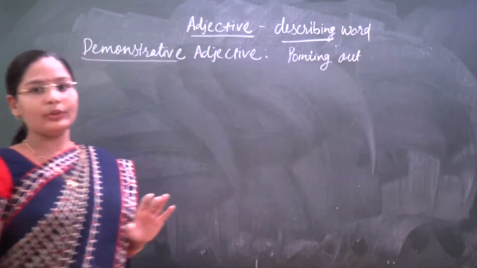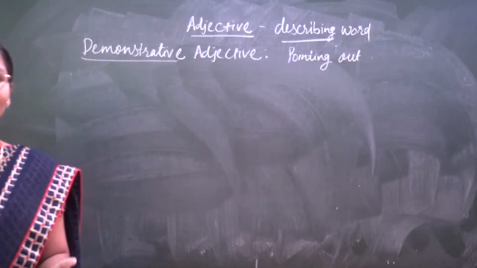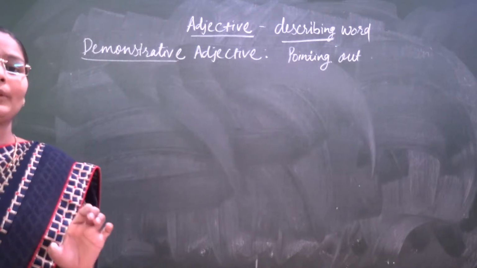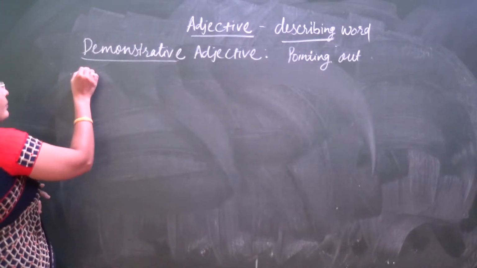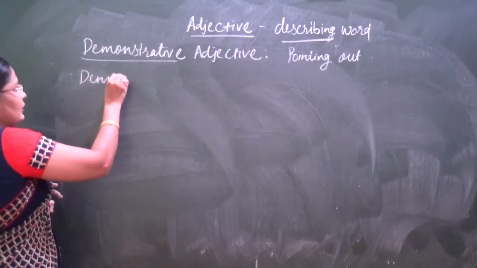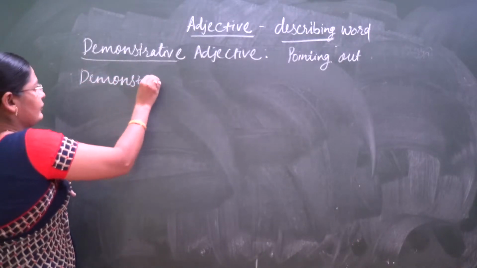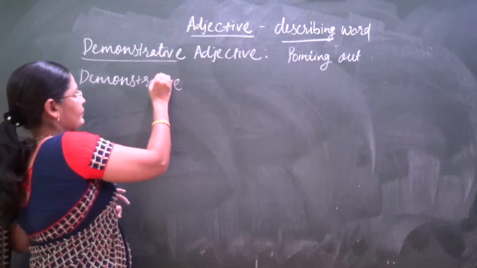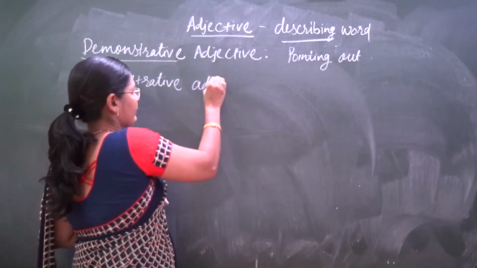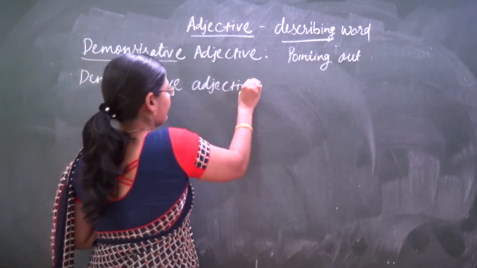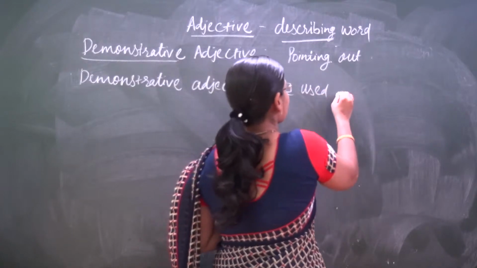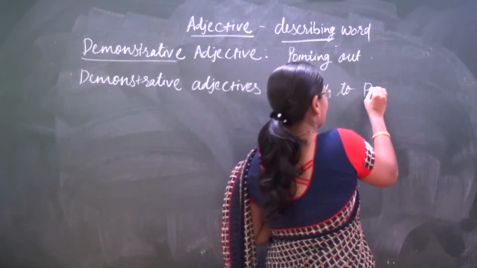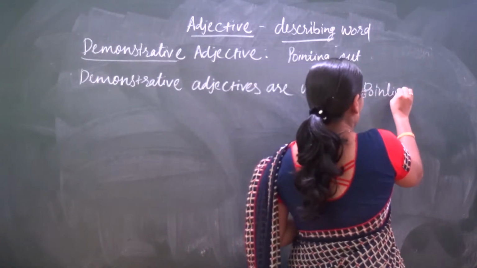It is pointing out a particular noun. Demonstrative adjectives are used to point out a noun.